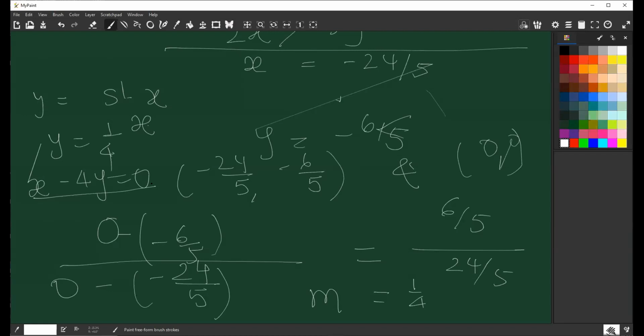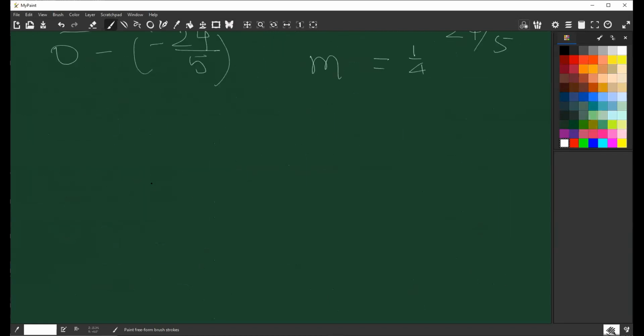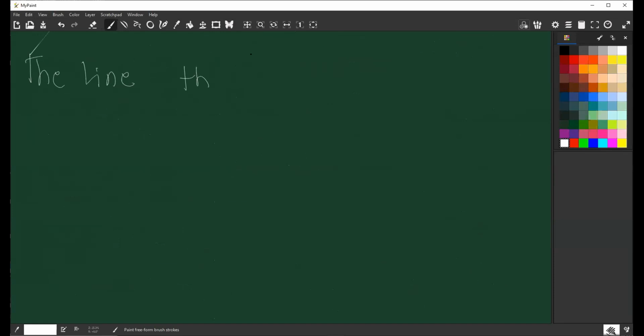Chalo, now the line through 2,4 and sum of the intercepts is 6.